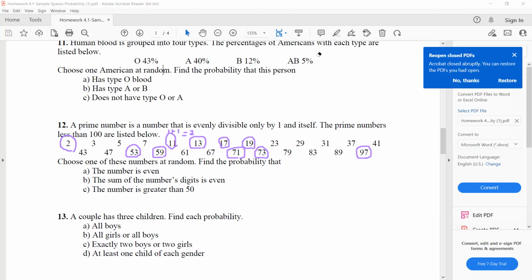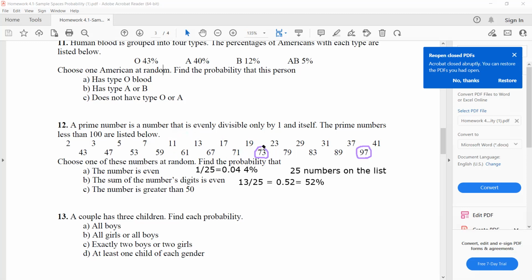All right, now here, I'm going to just get rid of the purple. So let's get rid of the purple so we can do the next one, which is the numbers greater than 50 on the list. How many numbers on the list are greater than 50?